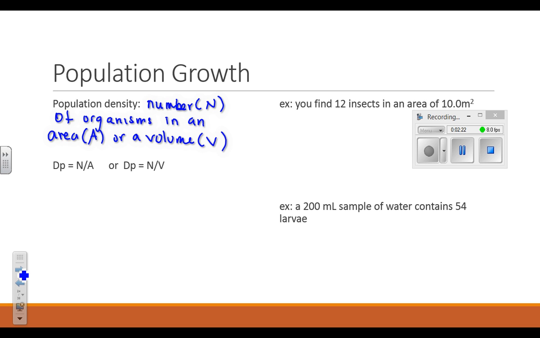The other is divided by a volume. Unlike, say, chemistry, where it is really important which unit you are using, and you sometimes have to change the unit before you do a calculation, you are going to use whatever units you get in the question. So there's no need for you to change the units to meters or to grams or to kilograms or whatever the case may be. You're going to use the units that you get.